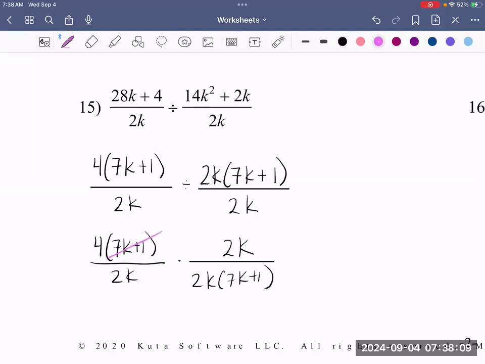We're going to cancel, cancel, and you can only cancel one of these 2k's. So whether you cancel it across or up and down, it does not matter. But you can only do 1 for 1. So we're left with 4 over 2k, which that can cancel in itself. So 4 divided by 2 is going to be a 2 on top and k on the bottom. So this 2 will cancel with one of the 2 in the 4.